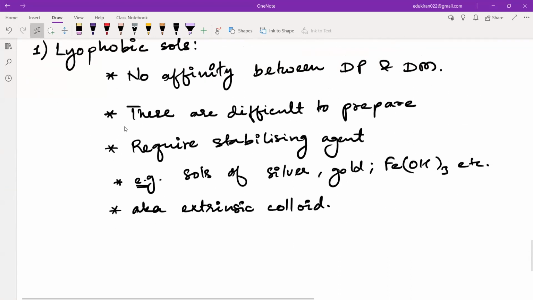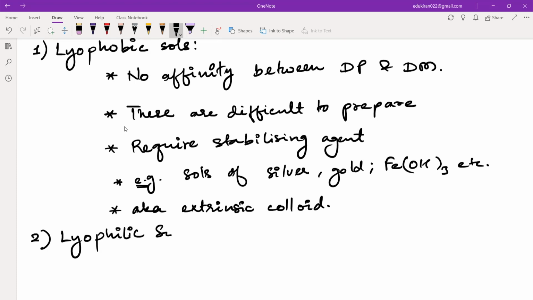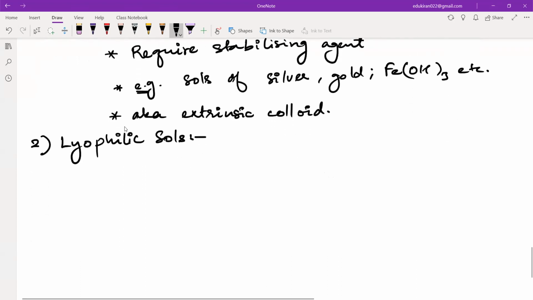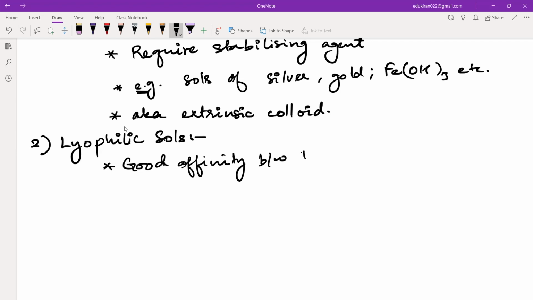They will be just the opposite. Lyophilic colloids have good affinity between dispersion phase and dispersion medium.